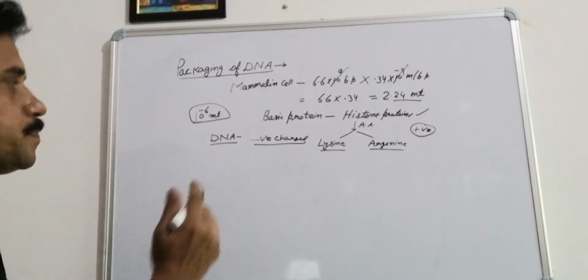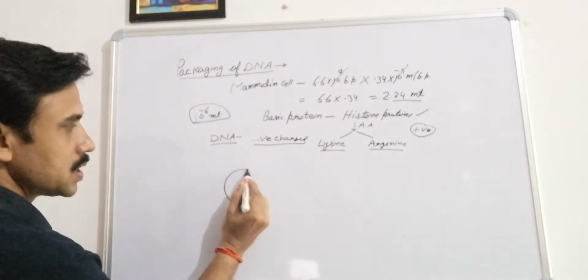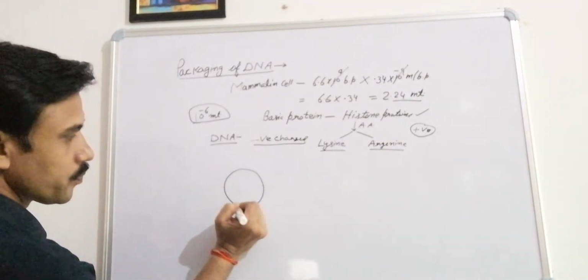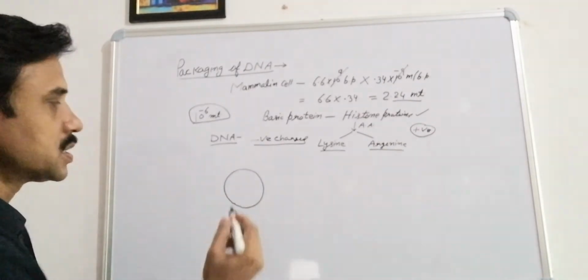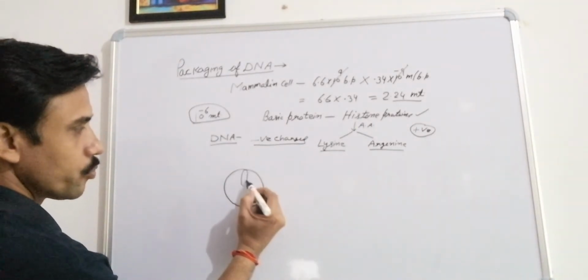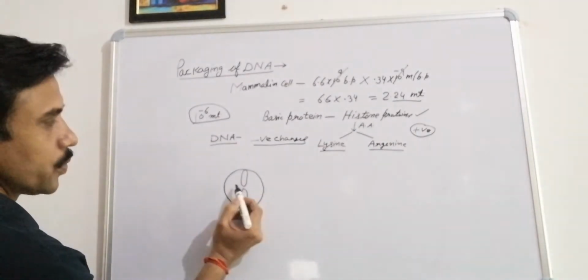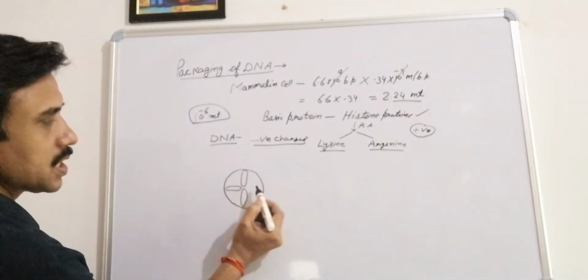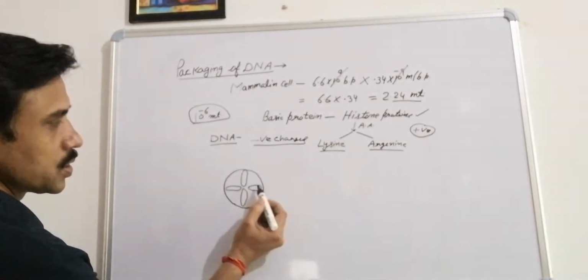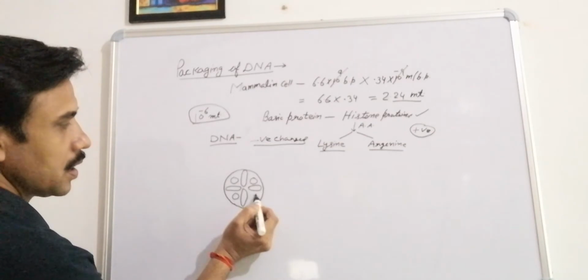Four types of proteins come together, each having two molecules, joining with each other: 1, 2, 3 and 4.